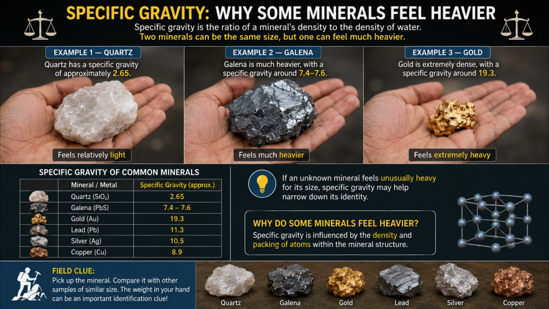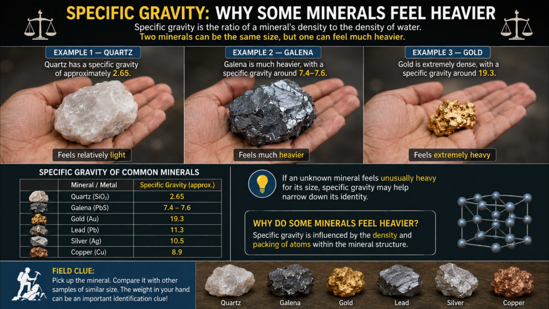as water. For example, quartz has a specific gravity of approximately 2.65. Galena is much heavier, with specific gravity of 7.4 up to 7.6. The heavy feel is a useful field clue. Gold is extremely dense with specific gravity 19.3. That is why a small piece of gold feels surprisingly heavy for its size.